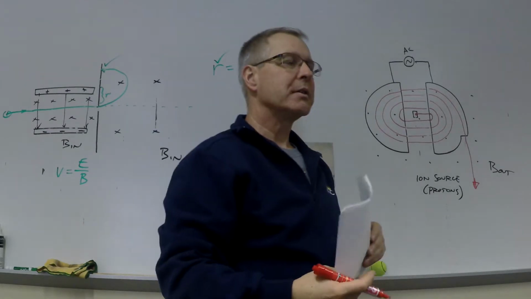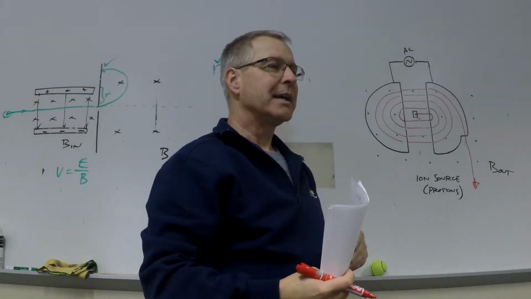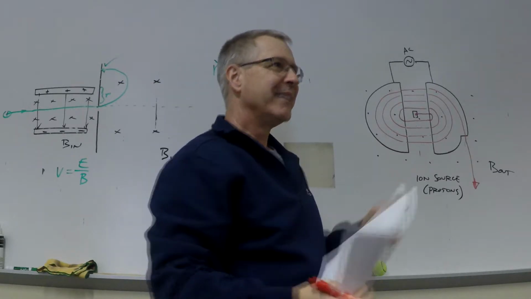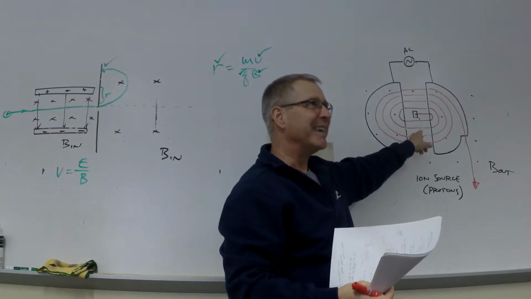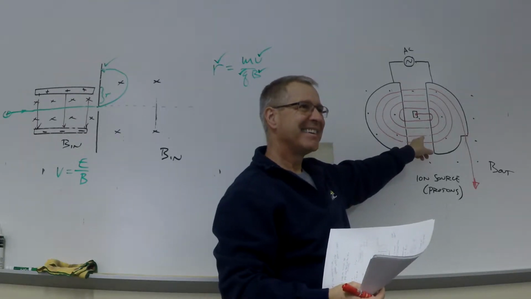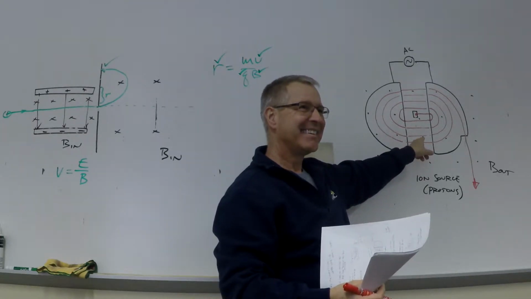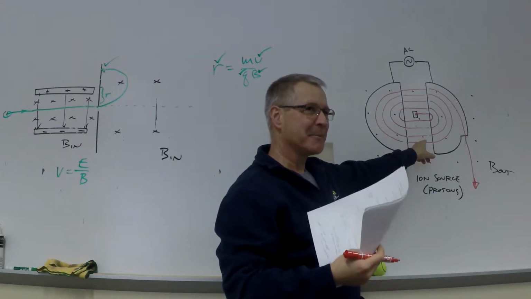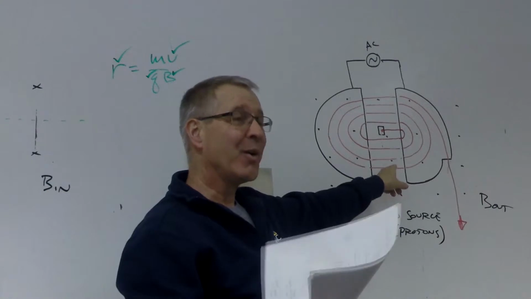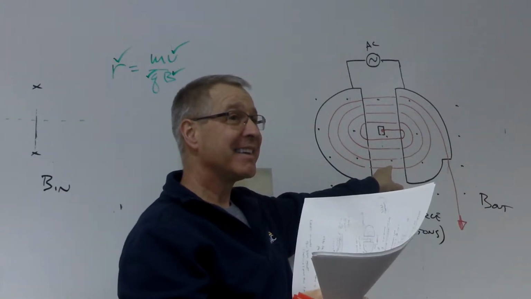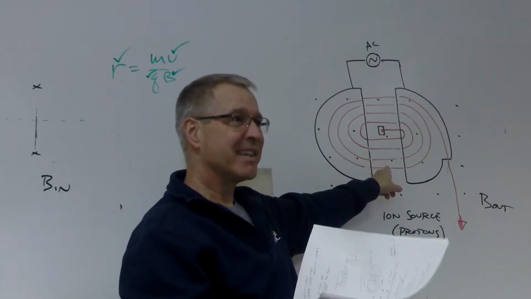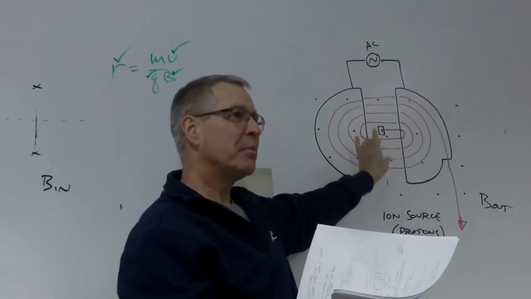And faster and faster and faster. You know what that is? We have a particle, and what's our particle doing? How do you say in physics words faster and faster and faster? So our particle is accelerating. What is this thing? It's a very rudimentary particle accelerator. It's a very early particle accelerator.